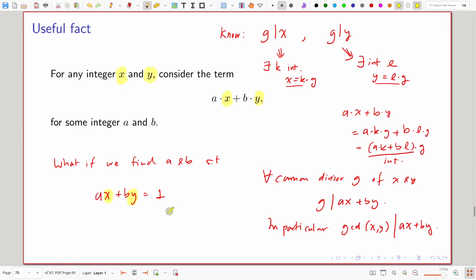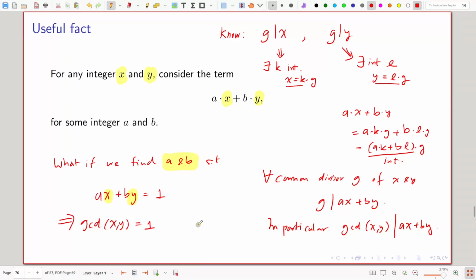The GCD of x and y has to divide 1. Okay? So the only number that divides 1 is 1 itself, right? So if we can find some numbers a and b such that ax plus by equals 1, this would imply that the GCD of x and y is going to be 1 as well.